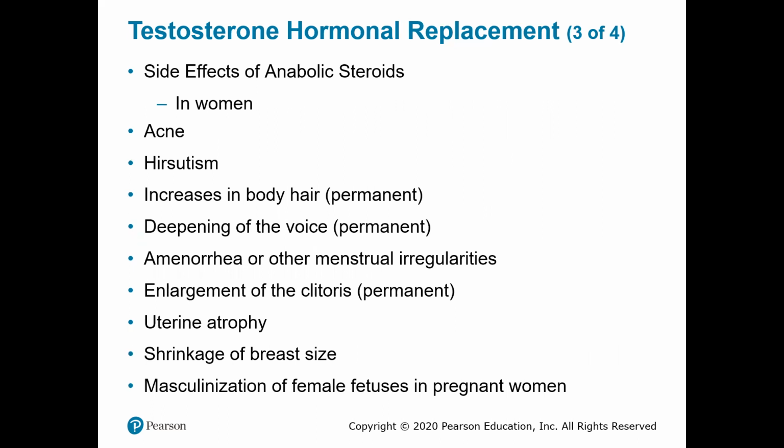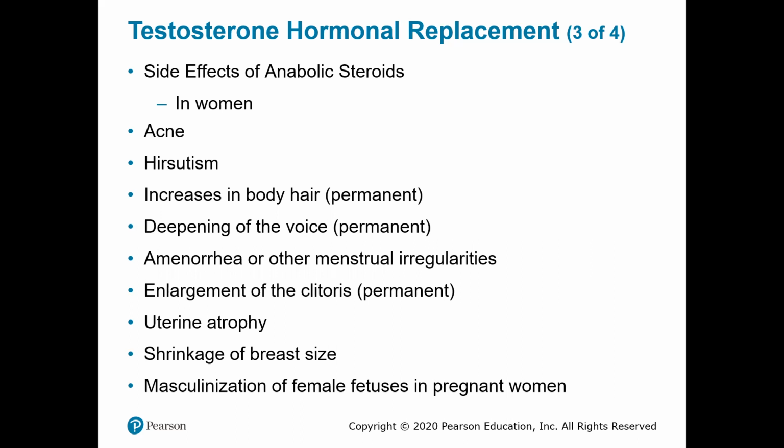Anabolic steroid side effects that are specific to women include acne, and these are the bullet points along the right-hand side of page 546. I'm in the middle section of them. Hirsutism, which is growth of facial hair. Increases in body hair, which can become permanent.